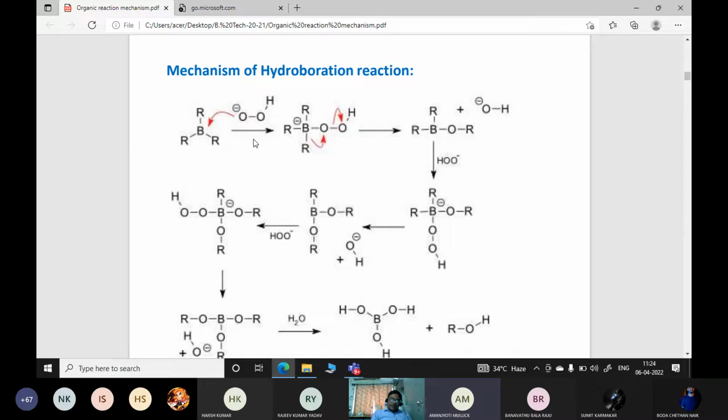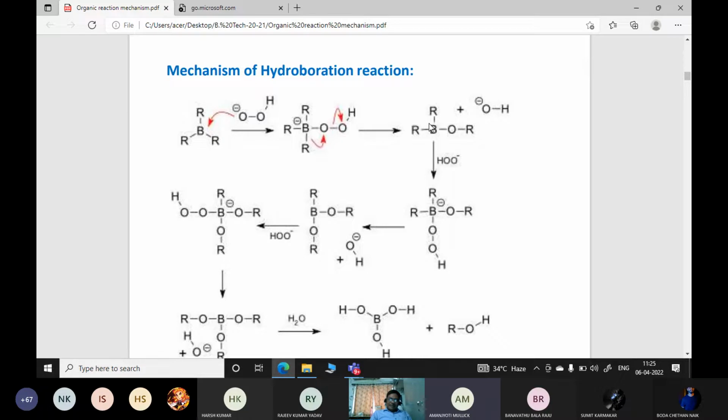What happens is that the boron becomes negatively charged. To relieve the strain within the molecule, one alkyl group shifts to the neighboring oxygen, with simultaneous expulsion of OH minus, the base. So this is a base-catalyzed reaction, and it forms an alkoxy dialkyl boron. This is the first step.